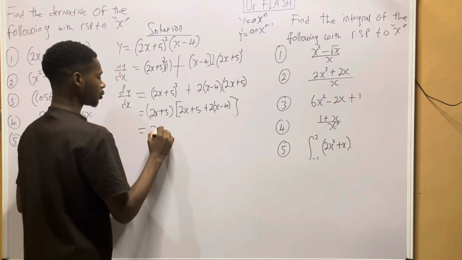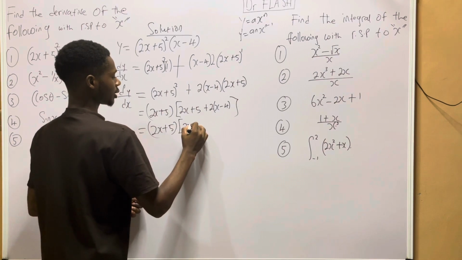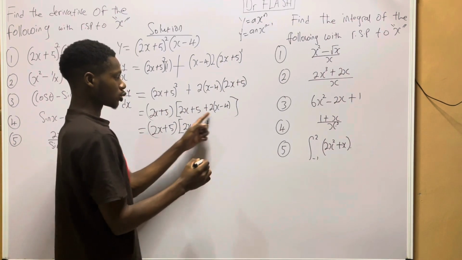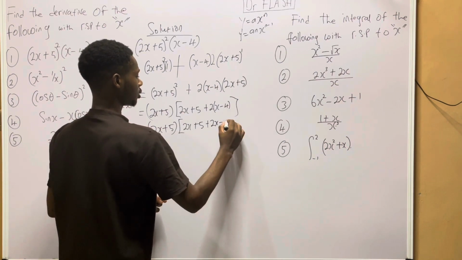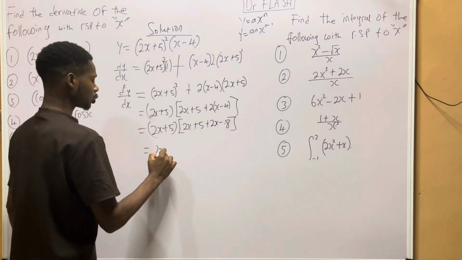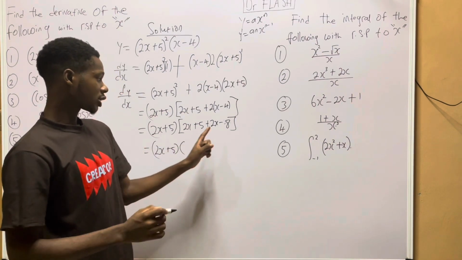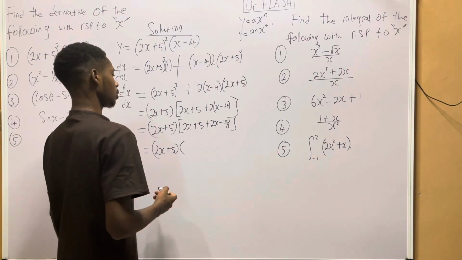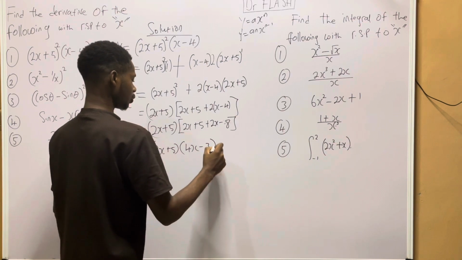And that will be giving us 2x plus 5 into brackets 2x plus 5 plus, open the brackets, 2x minus 8, okay? Now let's simplify further. By doing that, we get 2x plus 5 multiplying. Now 2x plus 2x will give us 4x, okay? Now 5 minus 8 gives us minus 3.